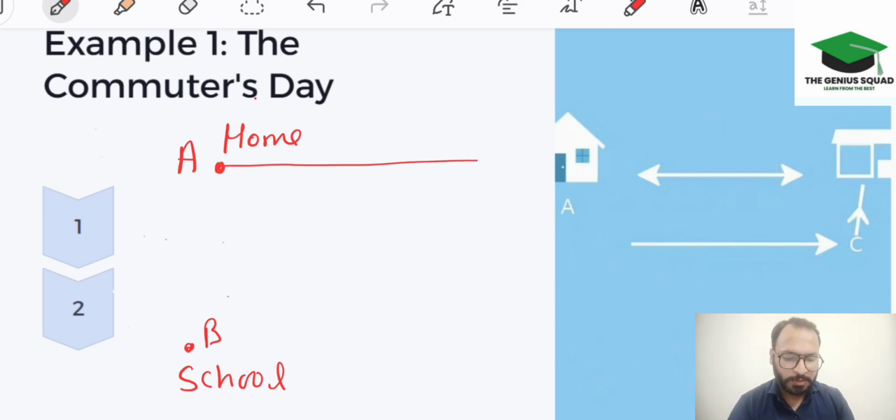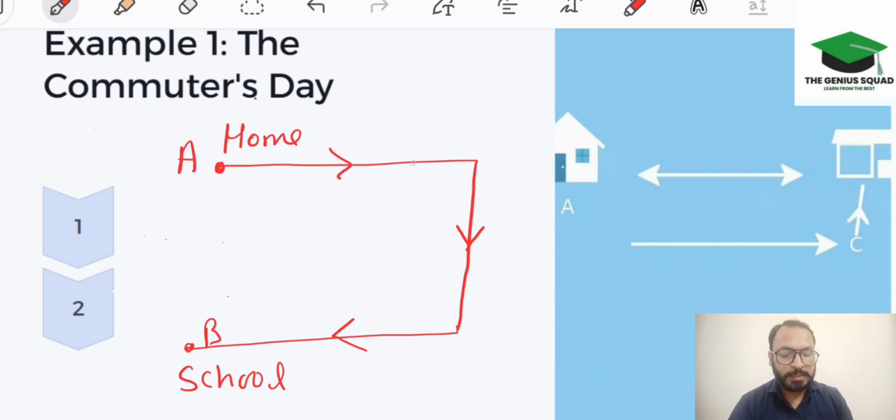There is a path that you have to follow that goes like this. First you go here, then here, and then here. Let's say this is 5 kilometers, this is 3 kilometers, and this is 6 kilometers.